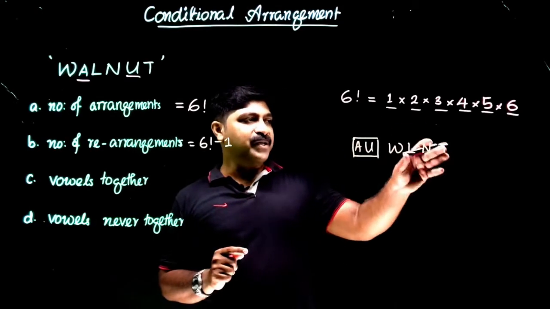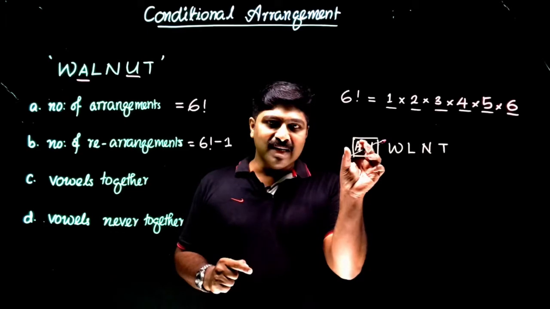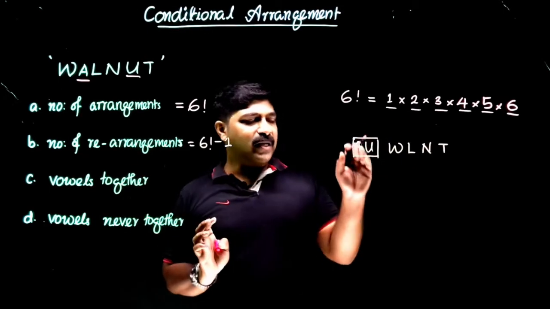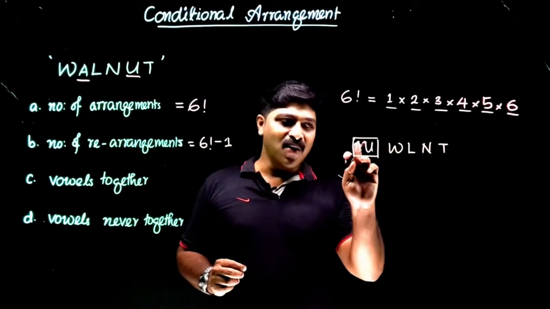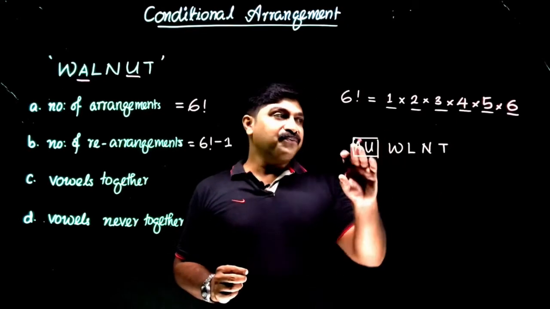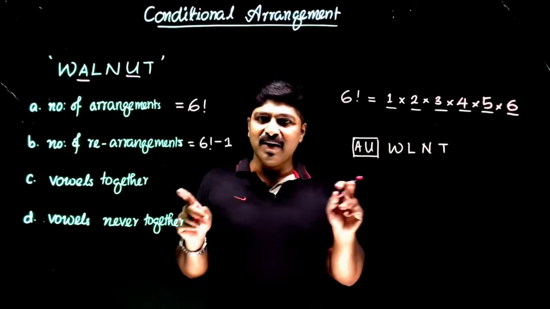Whenever we are shuffling all these objects, consider AU as a single entity or single object, that is a single box. Now, including this box, how many objects are there? 1, 2, 3, 4 and 5. So 5 objects. How many different ways can we arrange 5 objects in a row?